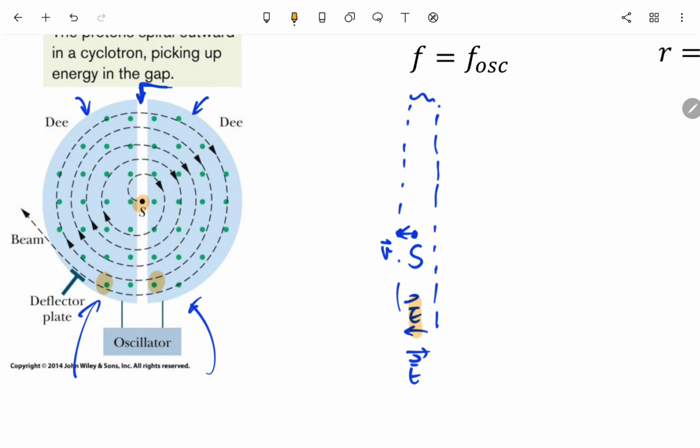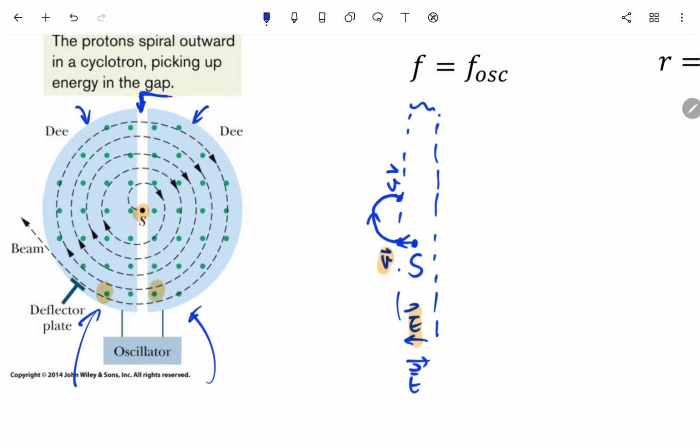A charged particle entering a perpendicular, or orthogonal, B field will undergo circular motion. So the charge will move like this. At this point the velocity is still v. In this region there won't be any B field, so after going to this point it will go straight to here.